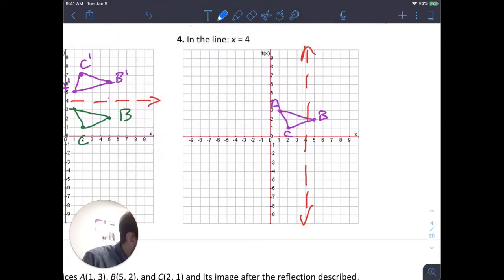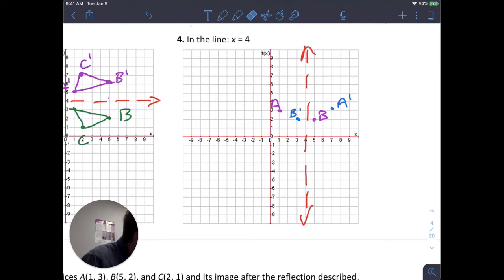So A here is still 1, 2, 3 hops from our line of reflection. So I'll do 1, 2, 3 over there. Okay, so there's A prime. B is on the other side of the line of reflection, but it's still 1 away. It's 1 there, and so I'm going to do 1 in the opposite direction. Okay, over there. So here's B prime.